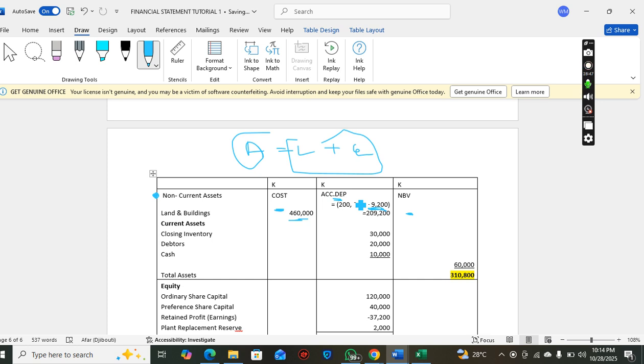What if it says just depreciation or provision or something like that? They have to tell you what it's for, because they can't expect you to guess. It will be unfair, so they will state to you.